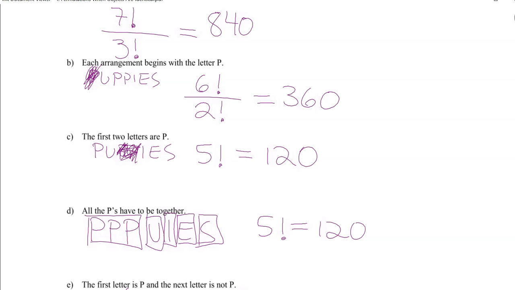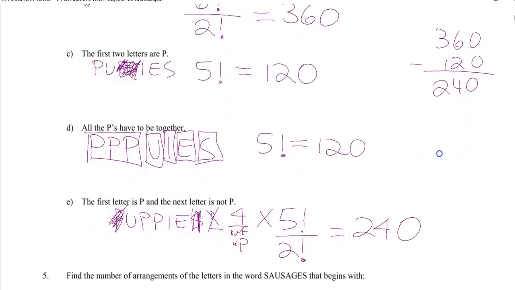That's all part of the 360. The first 2 letters are P. We know there's 120 ways. Now, if I want the first letter is a P and the next letter is not a P, then I can take the 360 that begin with a P. From that, subtract the ones that begin with 2 P's. And what's left is the ones that will begin with exactly 1 P.